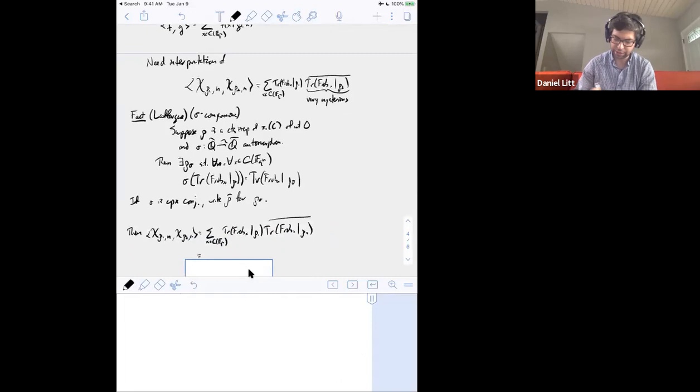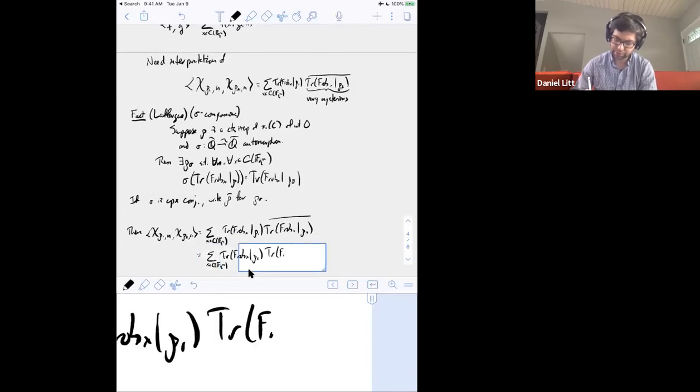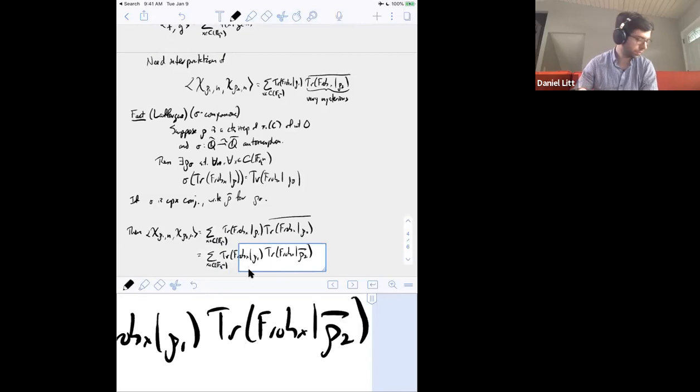What we just learned is that the second thing has an interpretation. So it's the same sum, except we can think of it as the trace of Frobenius acting on rho 1 times the trace of Frobenius acting on rho 2 bar.